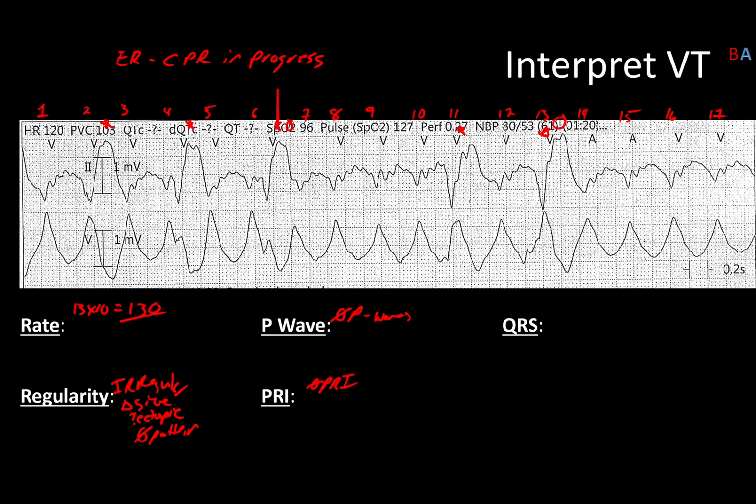Our QRSs are all essentially different. We have a couple that look very similar, but not enough. We have change in amplitude, and we even have almost a change in direction to a certain extent. Not massively, so I don't think it's worth counting.